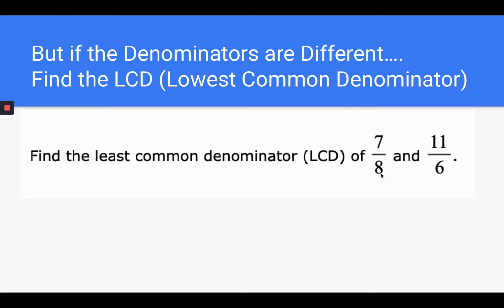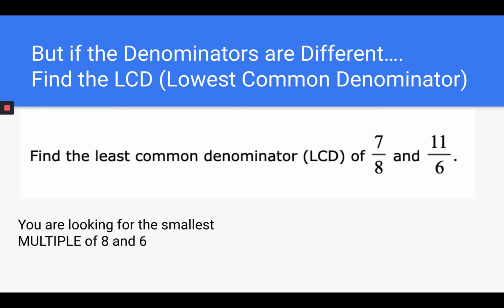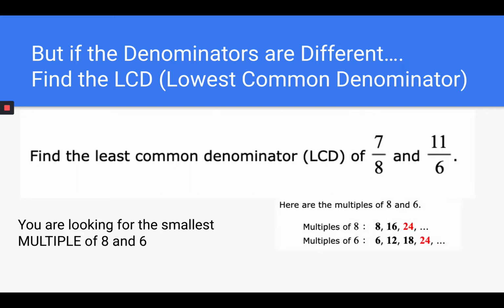When you add and subtract fractions, which we'll do in a sec, you have to make the bottoms the same, and the first step is to find the common denominator that both 8 and 6 will go into. So you're looking for the smallest multiple of 8 and 6. If I count by 8s and I count by 6s, the first number they both meet up at is 24. So for this question, the answer is 24. The least common denominator of 7/8 and 11/6 is 24. It's the smallest number 8 and 6 both go into, and that's called the LCD, least common denominator.